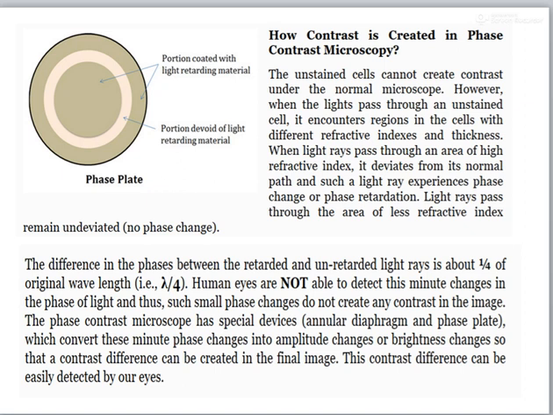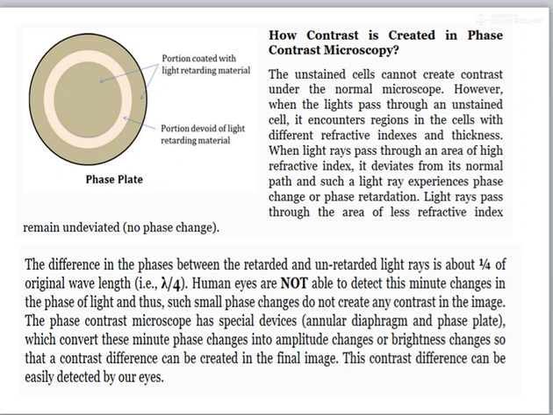So if the refractive index of the specimen is higher, what happens? The light will get deviated. And if it is of lower refractive index, what will happen? No phase change will happen, or it will remain undeviated. And the difference in phase between the retarded and the unretarded light rays is about 1/4 of the original wavelength.